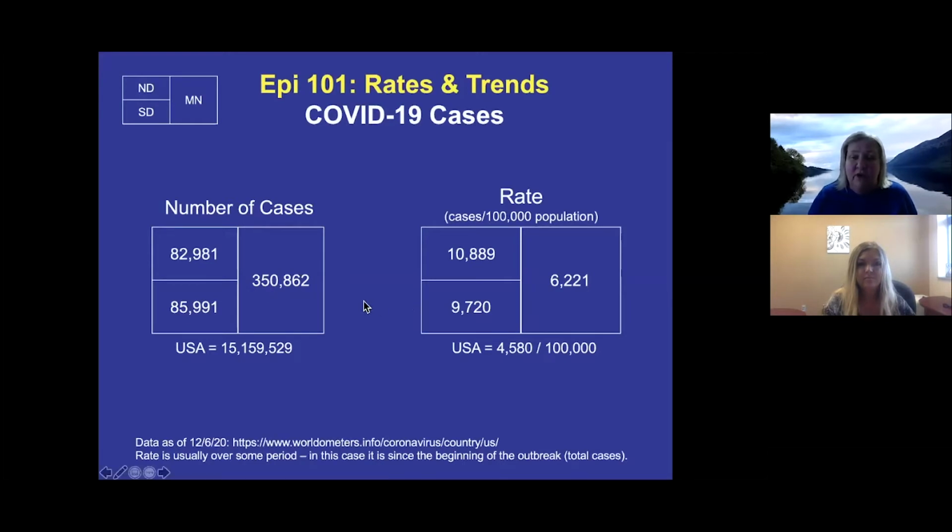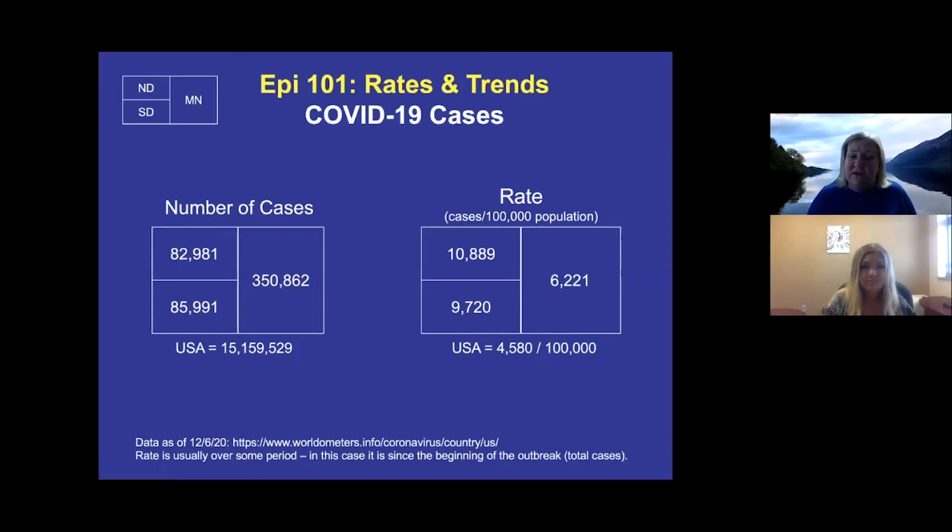But if you look at it by rates, and what we did is we just took this number divided by the population of Minnesota, this number divided by the population of South Dakota, this number divided by the population of North Dakota. Now we have these numbers, and these are the number of cases per 100,000 people.